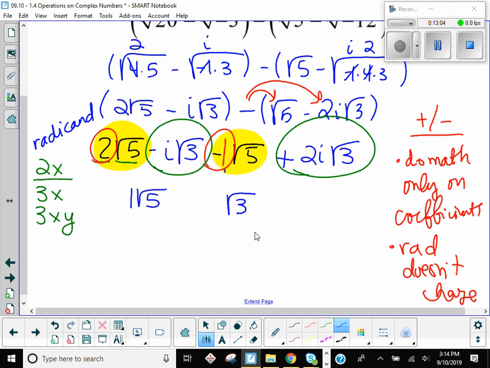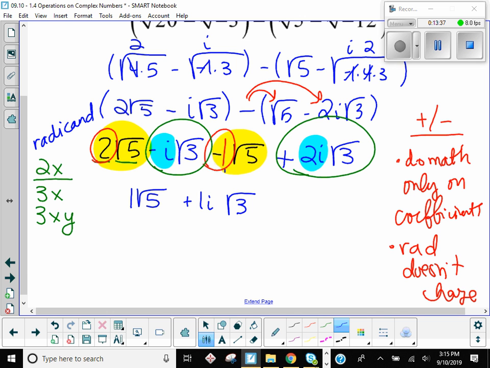The coefficient is the number up front. Here it's a negative I, and here it's a 2I. So my question to you is, what is negative I plus 2I? Negative 1I, positive 2I makes what? 1I, right? Have a negative 1I, adding 2 to it, that's a positive 1I. Okay, so you're doing the math only on the coefficient part.